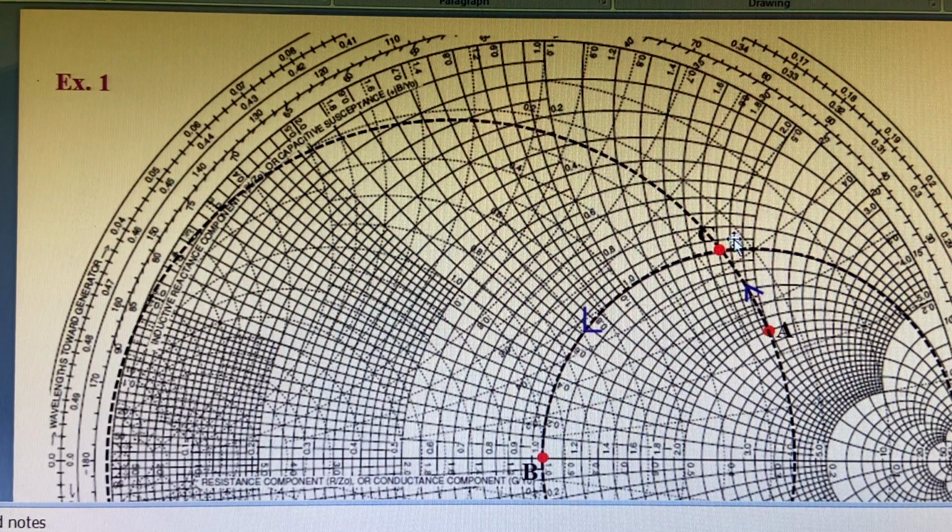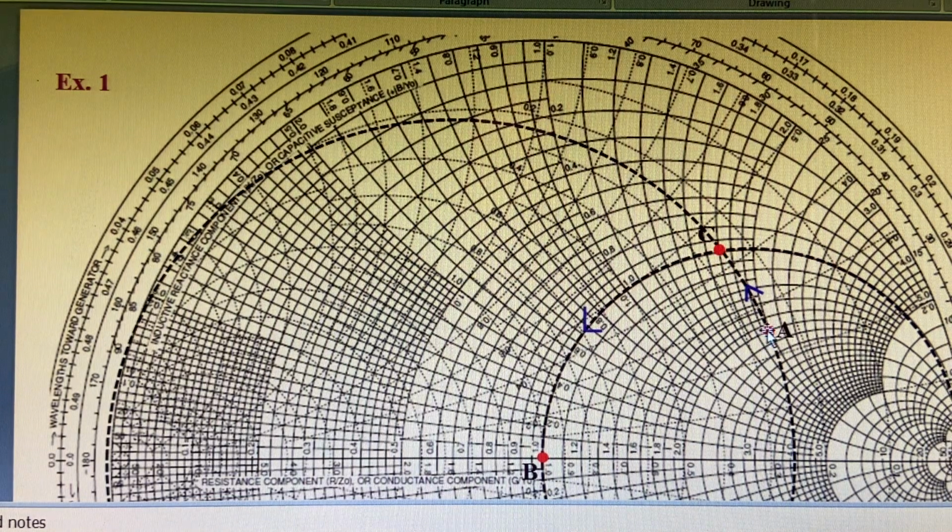So the susceptance value at this position C is negative, because in the upper part the susceptance values are negative. So the susceptance value at this position is equal to minus 0.45.